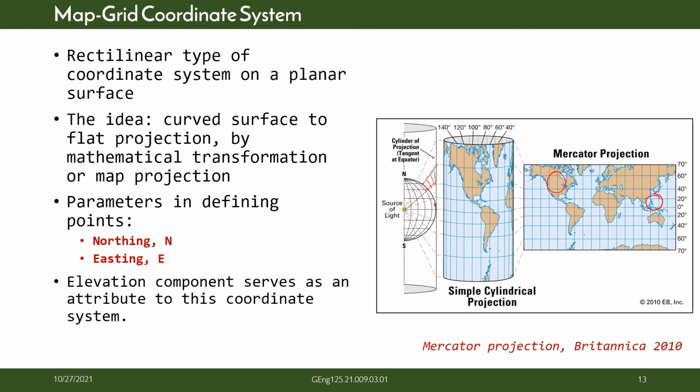So the parameters in defining points here are northings and eastings. And also, we can define it in latitude and longitude. When we say latitude, from the equator going up is positive latitude, and from the equator going down is negative latitude.